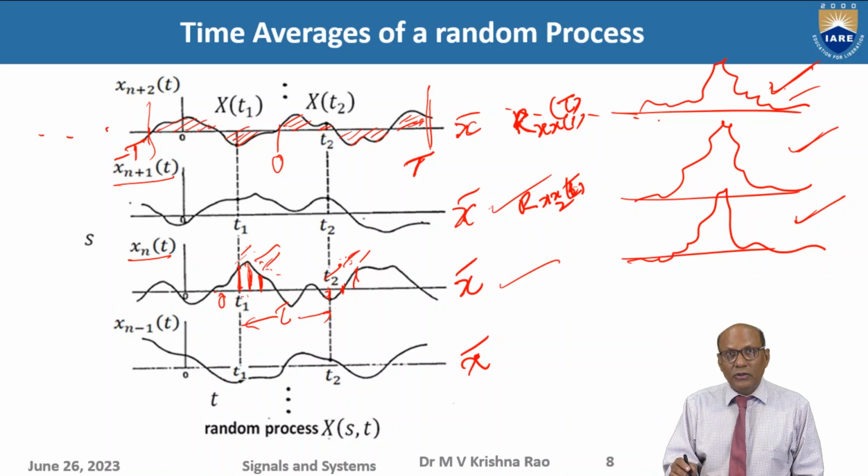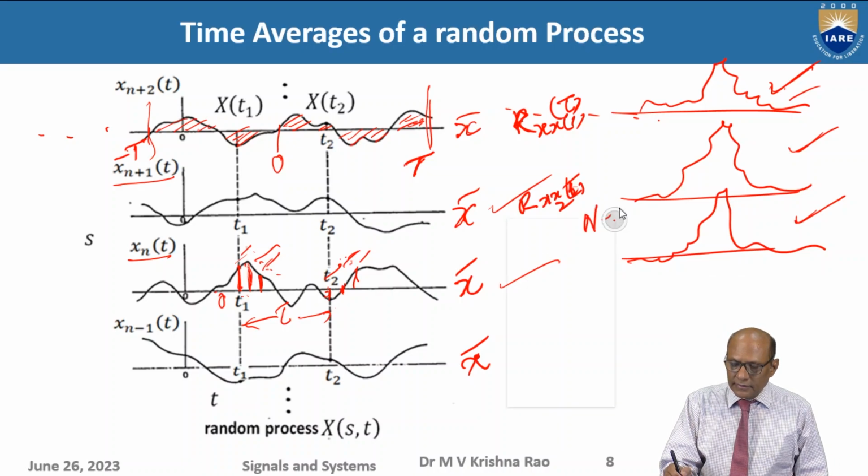Then what I will do is take the ensemble and add all these. If the ensemble has n waveforms, n samples, these are also called n sample functions.